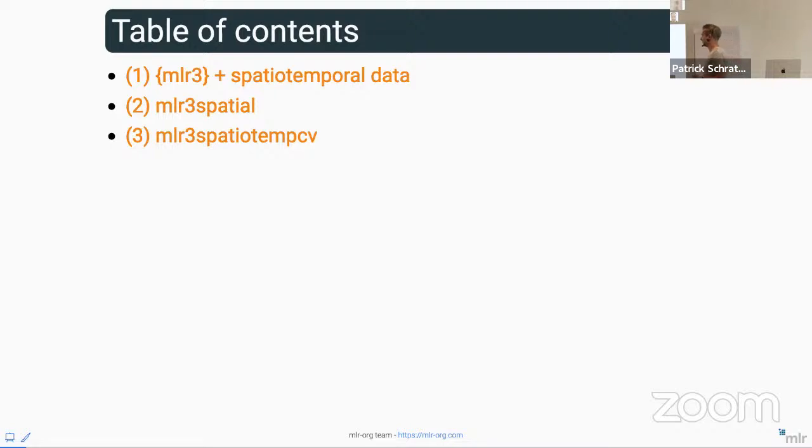Just a general intro about MLR3 and spatial temporal data. And then more specifically, I will talk about the MLR3 spatial and MLR3 spatial temp CV packages. We'll also have a hands-on part, and this will be as long as there's time left from my previous talking about the slides.